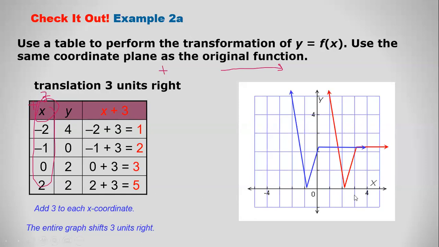This point in x coordinates moves 3 units to the right. So 1, 2, 3. So here is the new point after translation, 3 units to the right. Okay, I will check the other point, and here is this point, 1, 2, 3.